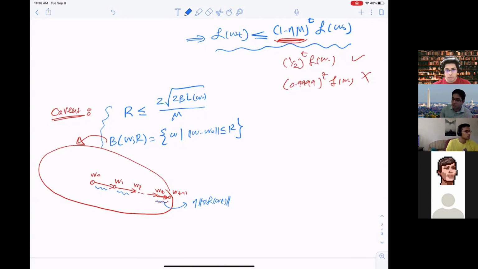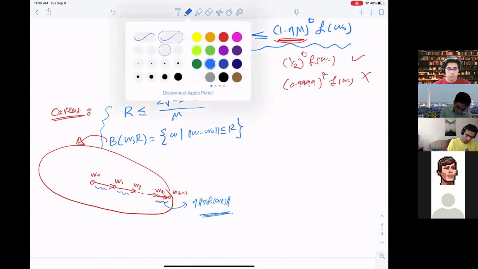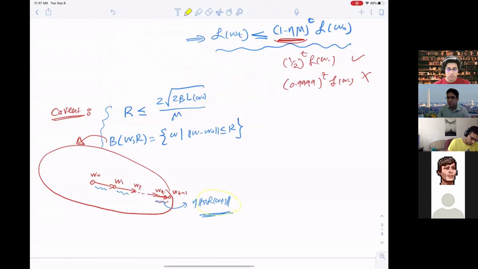In order to do that, I need an upper bound on the length of my gradients. If the magnitude of my gradients is very large, then I'm probably going to get out of this ball.